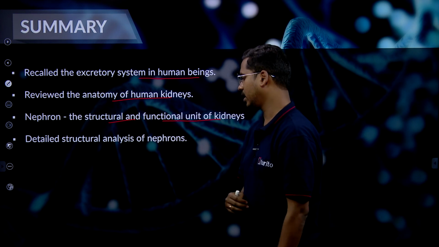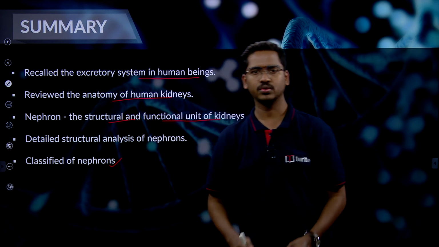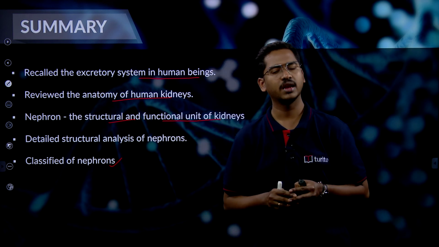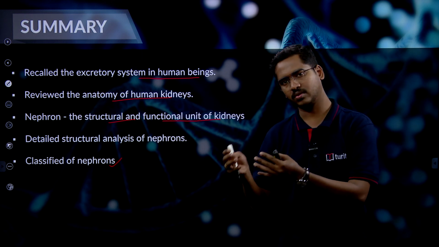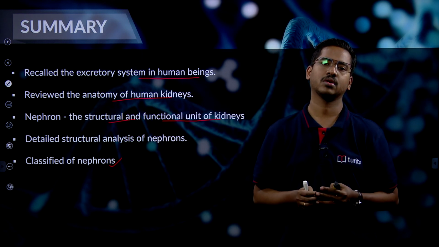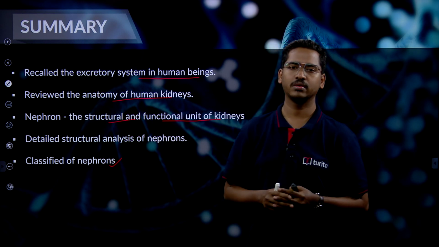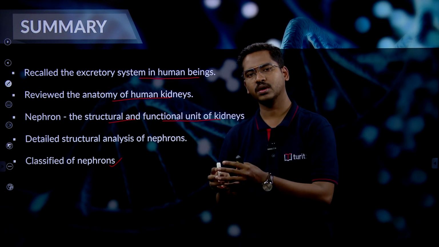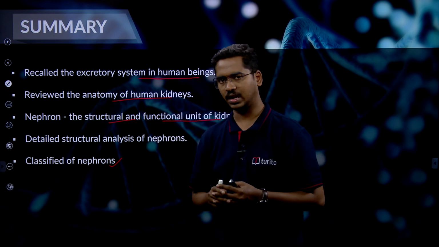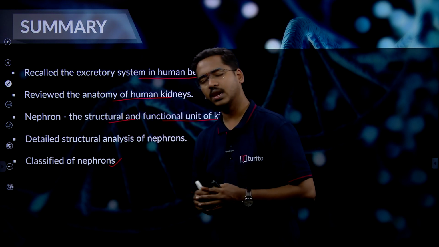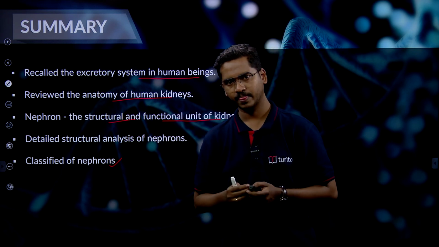After that, we classified the nephrons into juxtamedullary nephron and cortical nephron. So, if a nephron is starting from the cortex region, we call that nephron a cortical nephron, and if the nephron is starting from the medullary region, we call that a juxtamedullary nephron, and that is having a longer loop of Henle, whereas cortical nephrons are not having the longer loop of Henle, right.